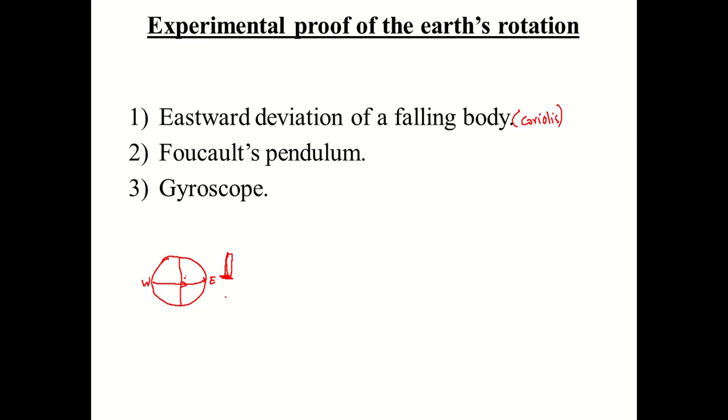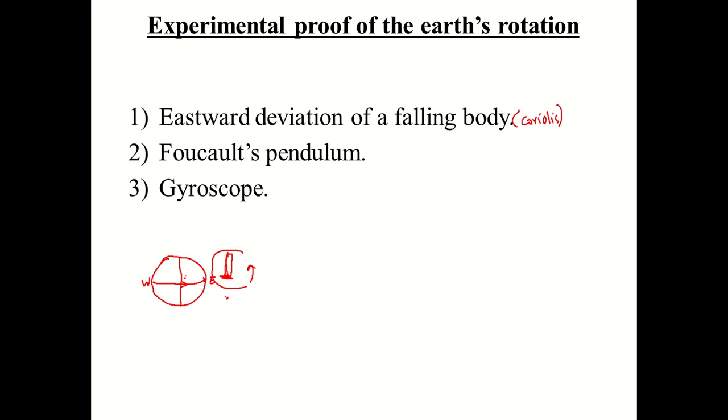Now when this Earth is rotating from west to east, the building is also rotating, but the top of the building will be at a far distance from the axis, and the base of the building will be near to the axis of Earth.